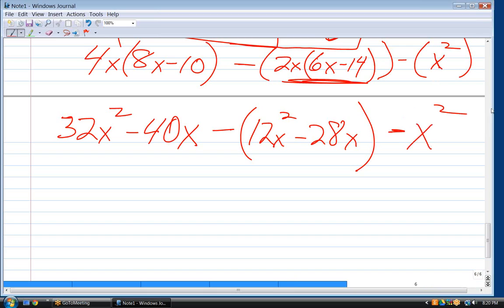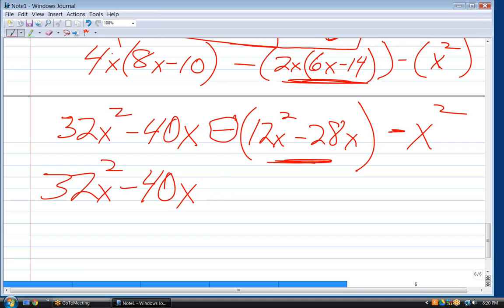Now let's get rid of the middle set of parentheses. So we've got 32x squared minus 40x, what? Then you're going to distribute the negative sign to both terms. So then it's just going to be a negative 12x squared and a positive 28x.